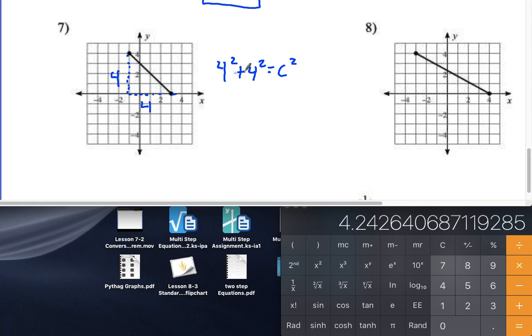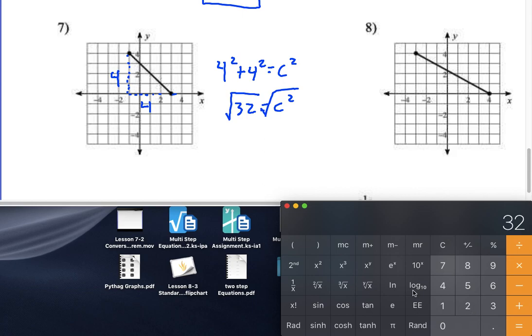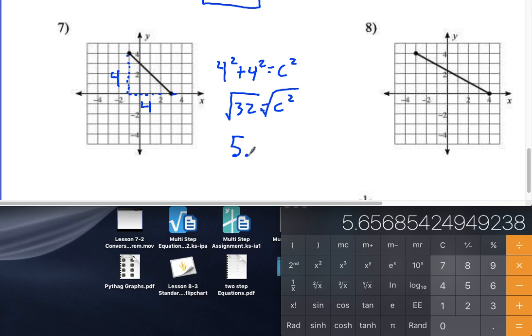That's 16 plus 16, which is 32, equals c squared. The square root of 32 is 5.7. Since that's a 5, we would round the 6 up to a 7. So 5.7.